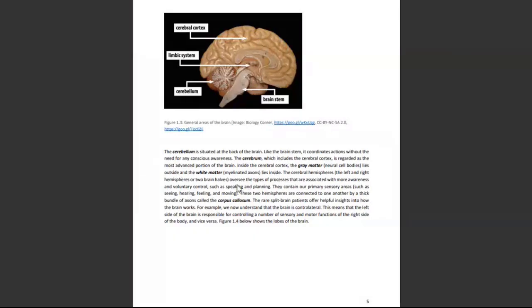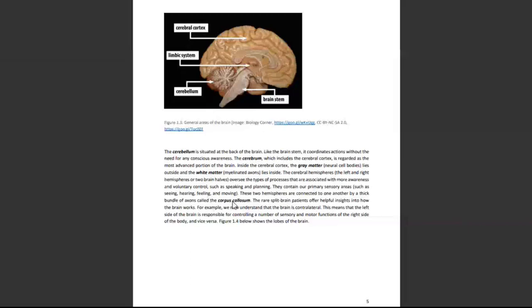Left and right hemisphere. They work together. They oversee the type of processes that are associated with more awareness and control voluntary action, such as speaking and planning. They contain our primary sensory areas such as seeing, hearing, feeling, and moving. These two hemispheres are connected to one another by the big corpus callosum.